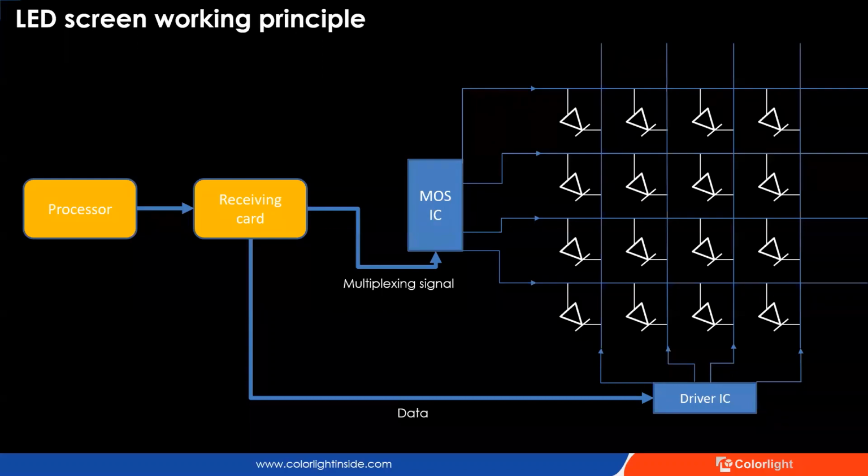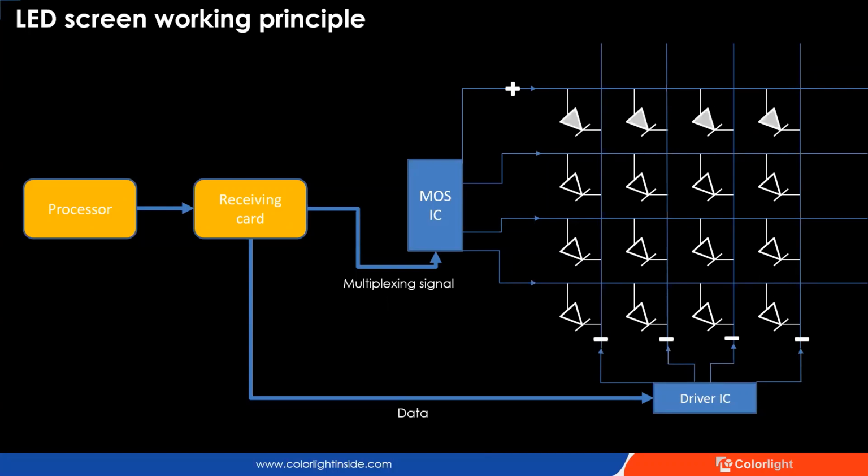So basically, if we want to turn on the LEDs in the first row of this matrix, the receiving card needs to send a high signal to the first row through the MOS IC, and send a low signal to each column through the driver IC, the bottom side.